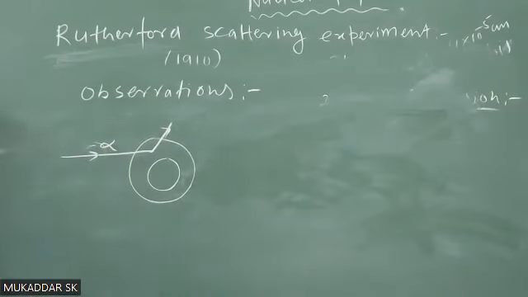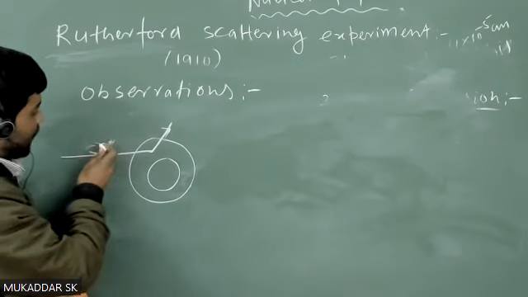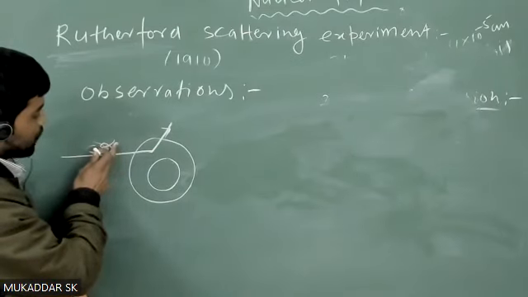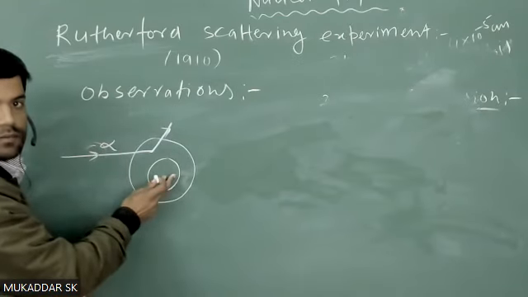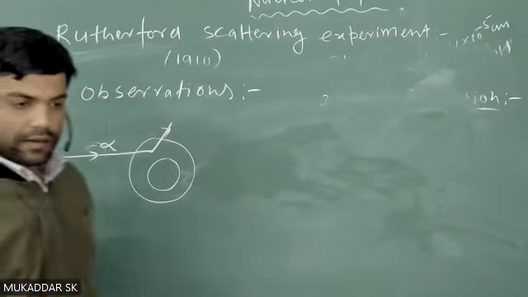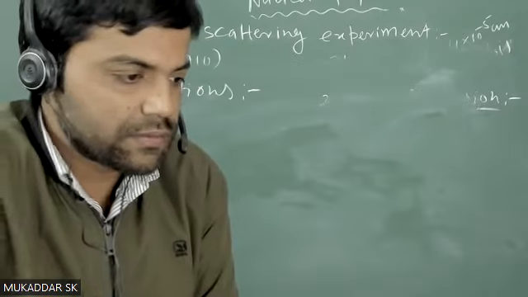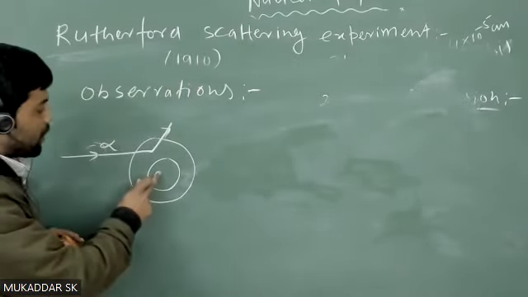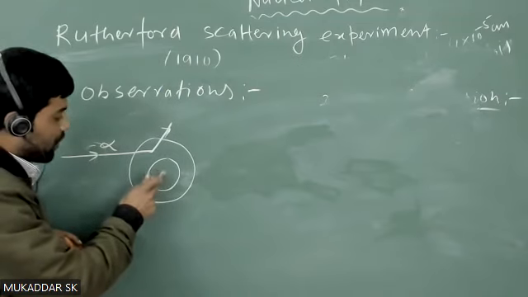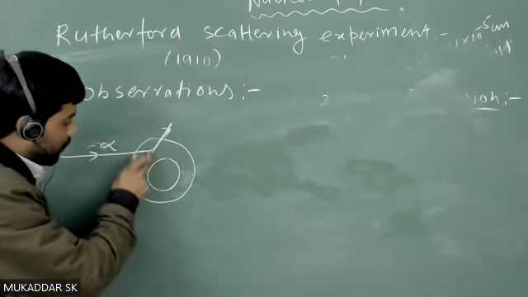When will there be scattering? If there is some force. Since the alpha particle is positively charged, of course that atom should have some positive charge. So he said that inside the nucleus there is some positive charge, and because of this positive charge there is a Coulomb repulsion.